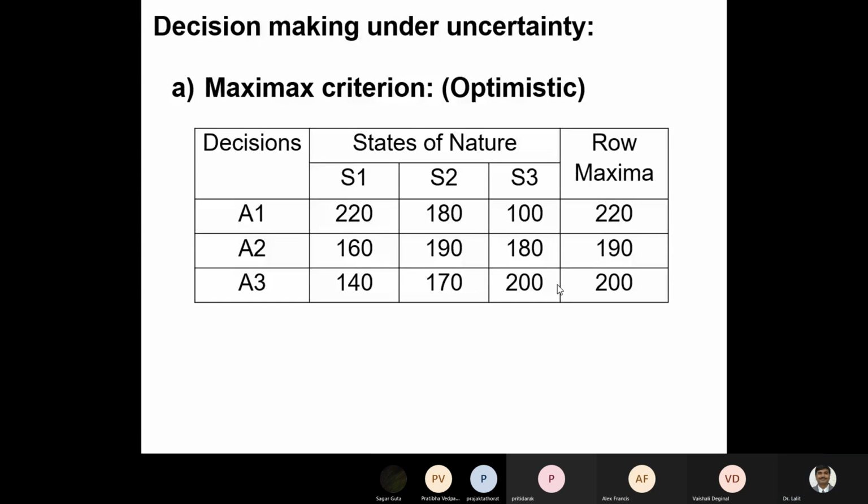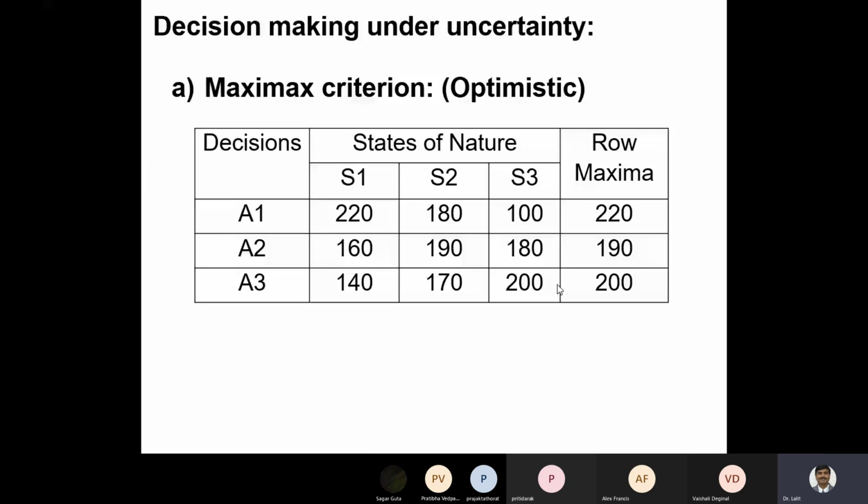So in the maximax criteria, where is maximax derived from? Maximax is derived from the term maximum of maximums. To decide which action to choose, first we calculate the row maximas.